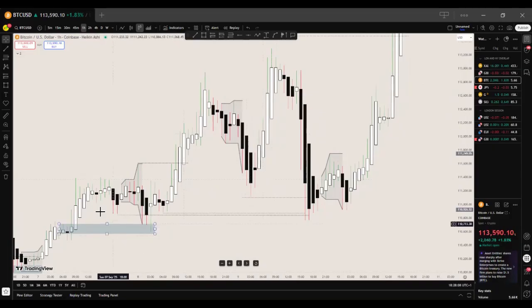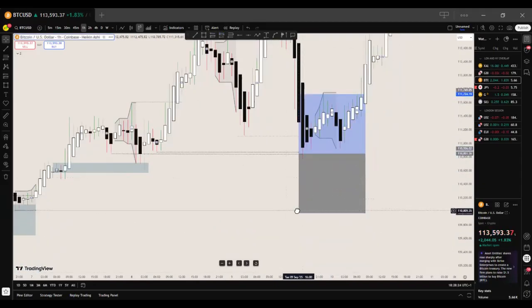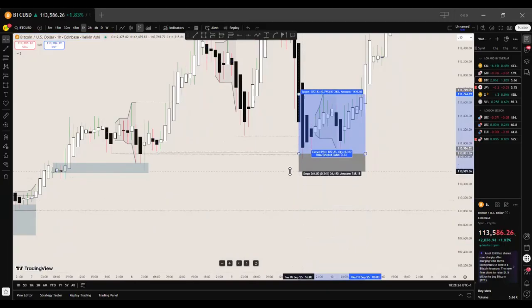So price grabbed this liquidity, giving me an internal structural liquidity, call it a blue pattern. Price tapped into this POI. As soon as price tapped into this POI, I opened one position at this level.